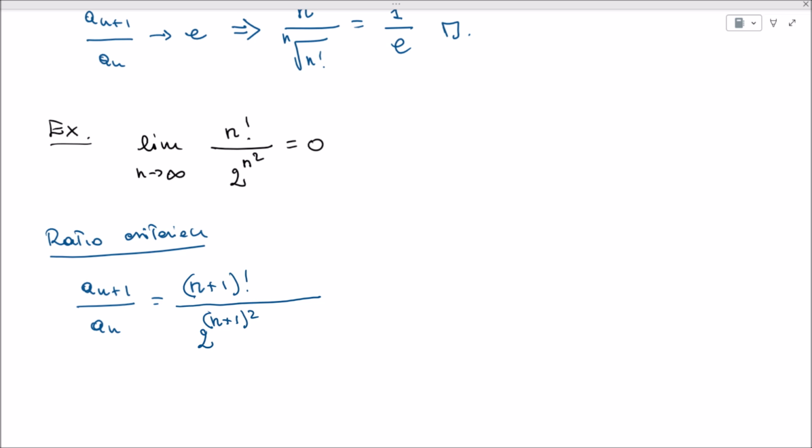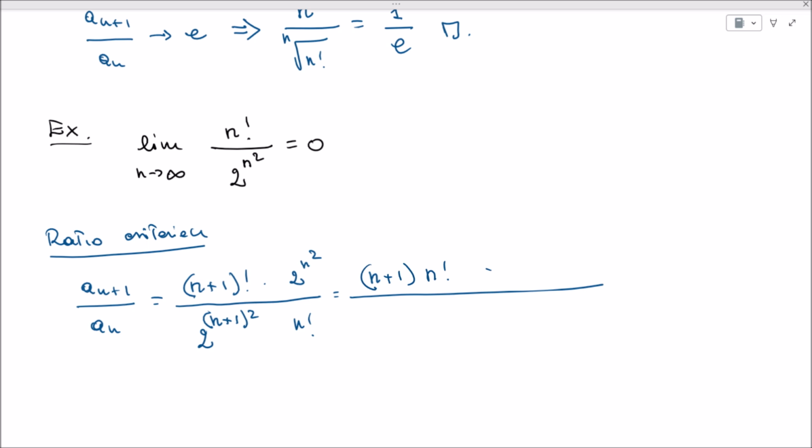And of course, then we need to multiply by 2 to the n squared and n factorial here. Now, this can be rewritten as follows. We can write n plus 1 times n factorial, and then we have 2 to the n squared on top.